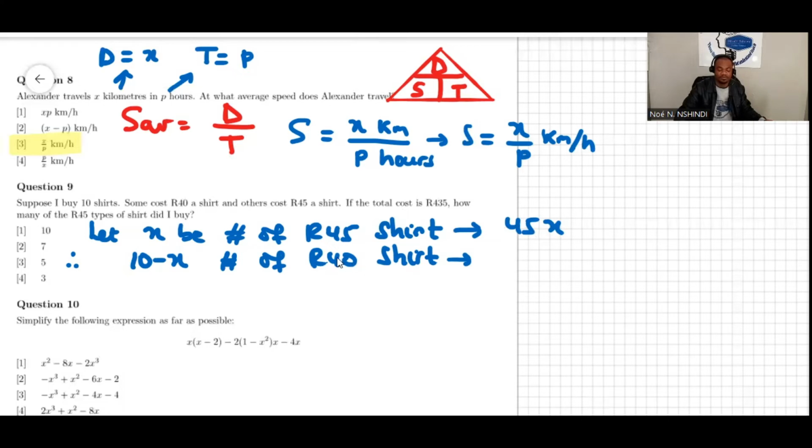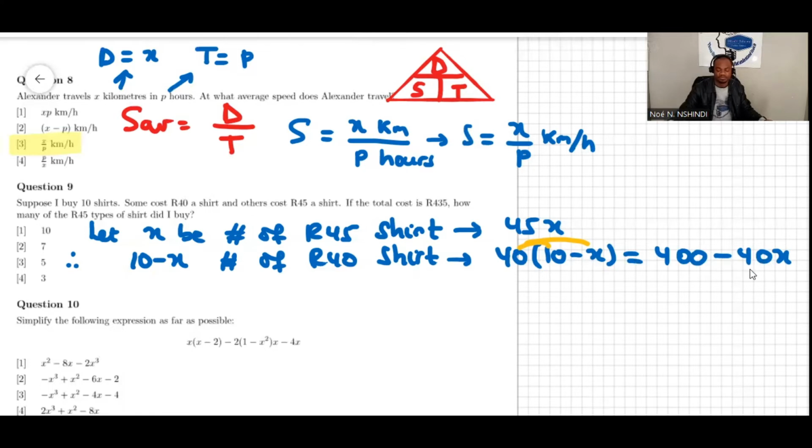Now the cost of the 40 rand shirts will be 40 times (10 minus X). We can calculate this: 40 times 10 and then 40 times X. 40 times 10 makes 400, and 40 times X makes 40X. That makes 400 minus 40X. There's a negative sign there.